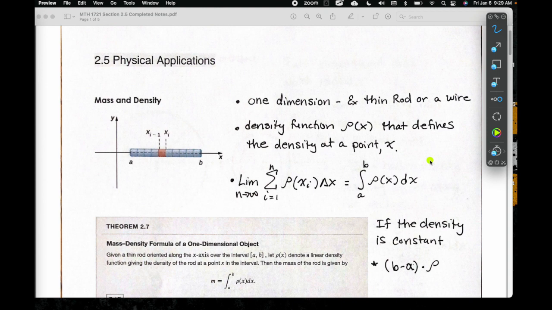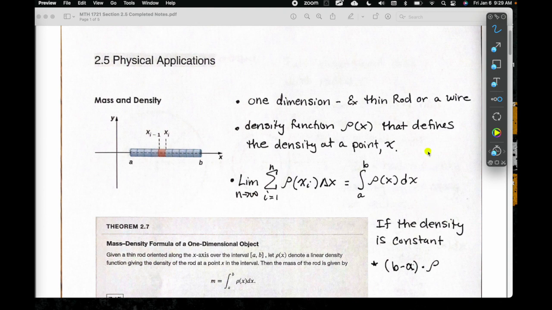Now, if the density is constant, then you're just going to take the length of the rod or the wire and multiply it by that constant density. That's right here. But if it changes from point to point, we have a function that is defined by that point x.